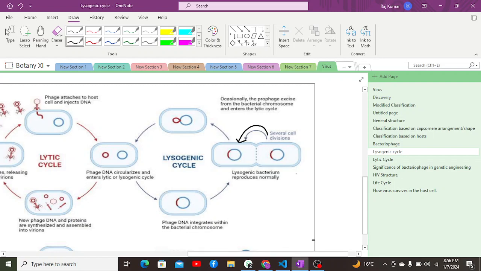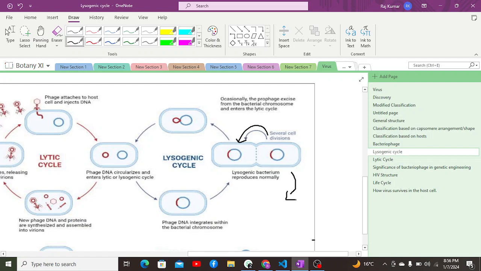One more thing, as I previously mentioned, while the bacteria is having its lysogenic cycle going on, its genes for replication are turned off. Its capability to perform the lytic cycle is not destroyed at all.